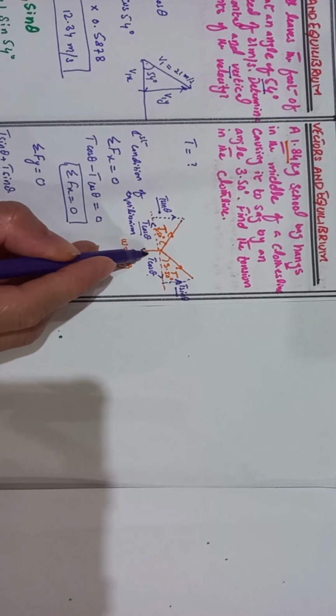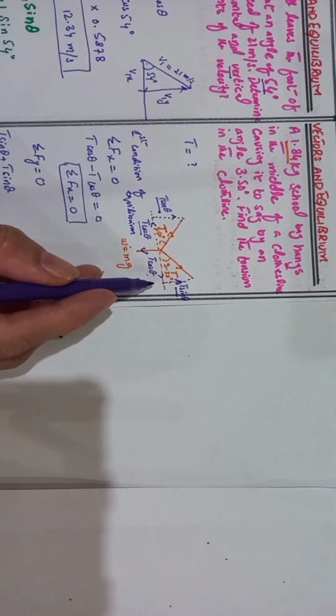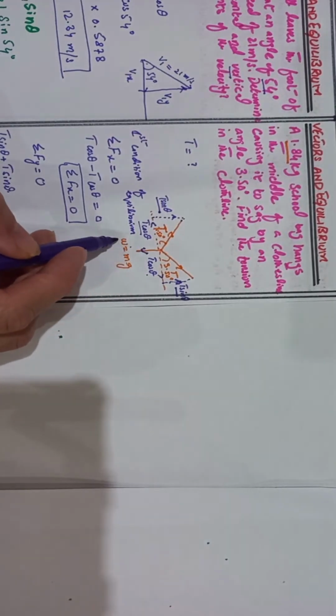So we add these two values, T sin theta plus T sin theta, and the weight that acts downward, which is also in the y direction but opposite, so we take it in the negative direction. So we take minus W equal to 0. These two values are the same, so 2T sin theta is equal to W, and T is equal to W over 2 sin theta.